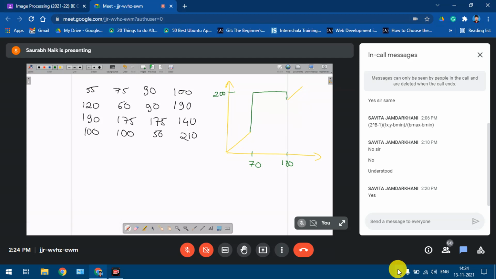So any pixel in this image within the range of 70 to 180 will be set as 200.